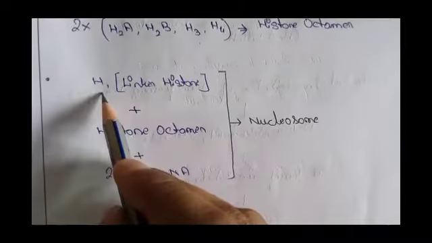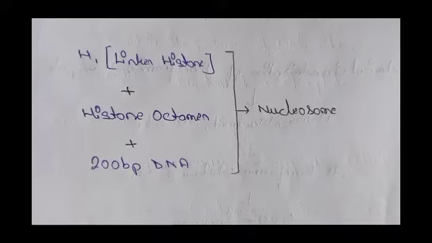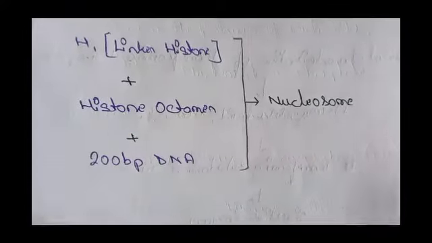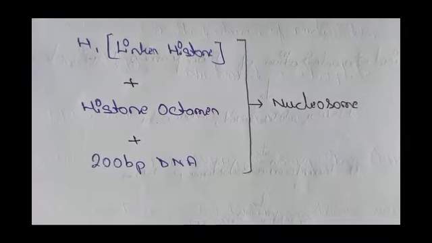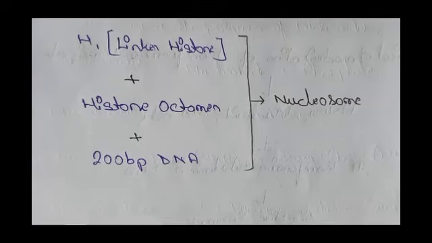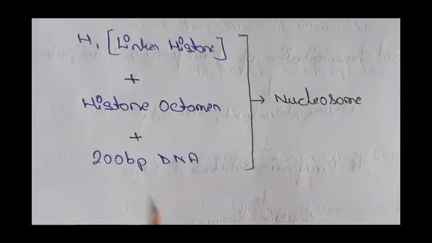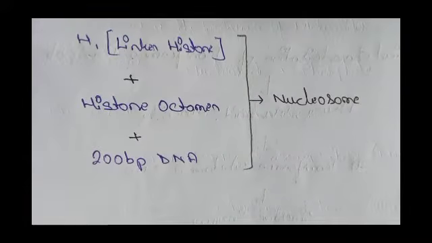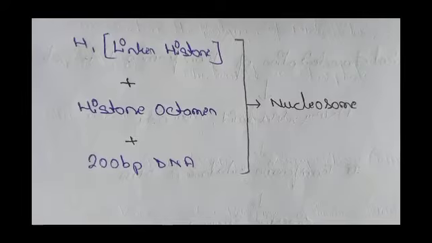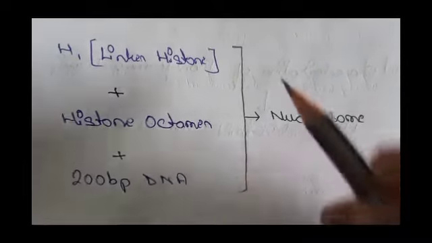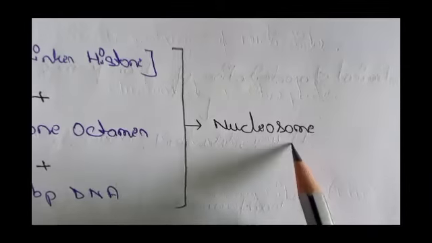H1 is called the linker histone protein, then the histone octamer is the cube shape of these histones, then 200 base pairs of DNA wrap around one histone octamer. All these together are called a nucleosome.